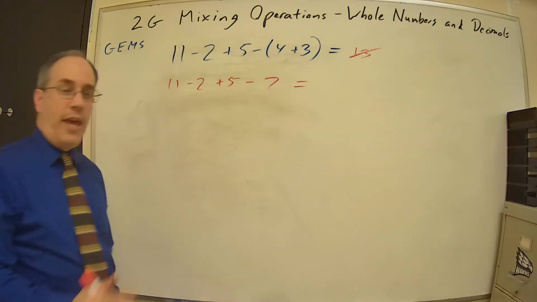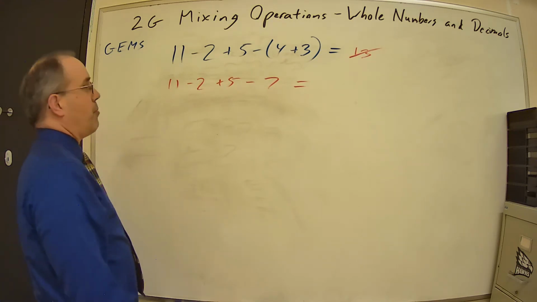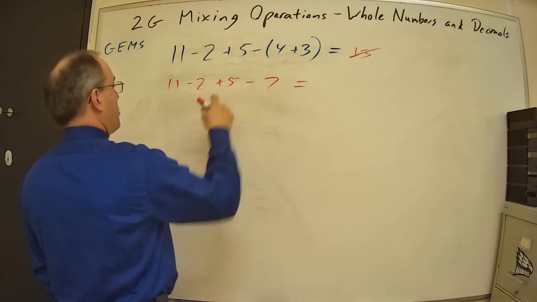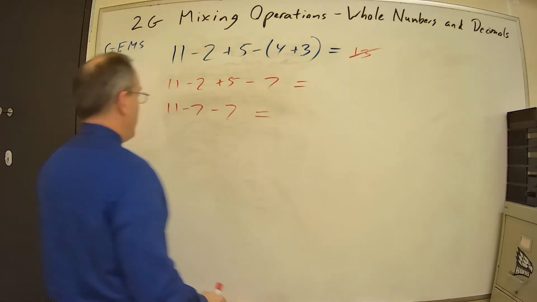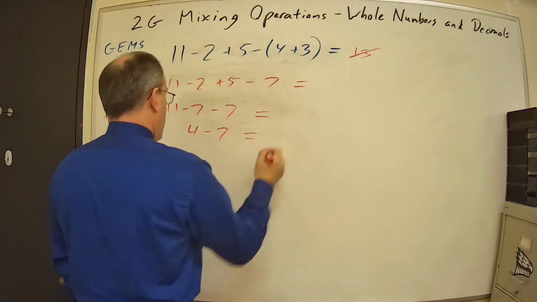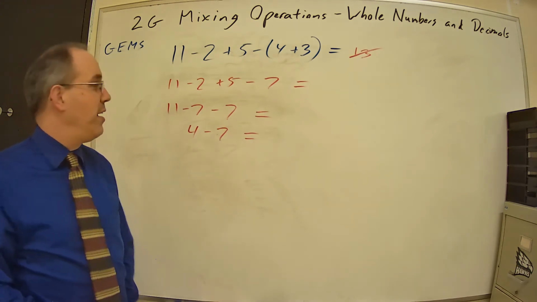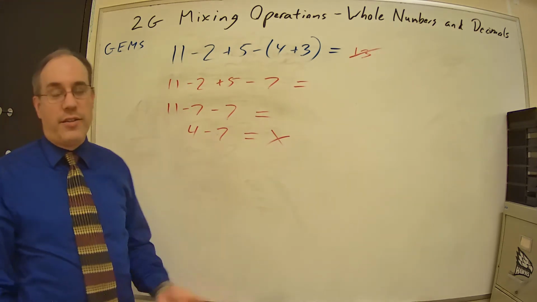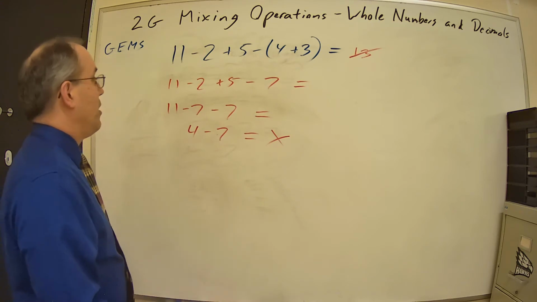And then we say, okay, addition comes before subtraction, because that's what PEMDAS tells me, addition, subtraction. So we have to do 2 plus 5, so we have 11 minus 7 minus 7. Then 11 minus 7 is 4, minus 7. 4 minus 7, oh, that's not good. We can't take 7 away from 4. We're already into trouble, right? We're not going to get a positive result, and we haven't dealt with negative numbers yet. So that would be very bad.